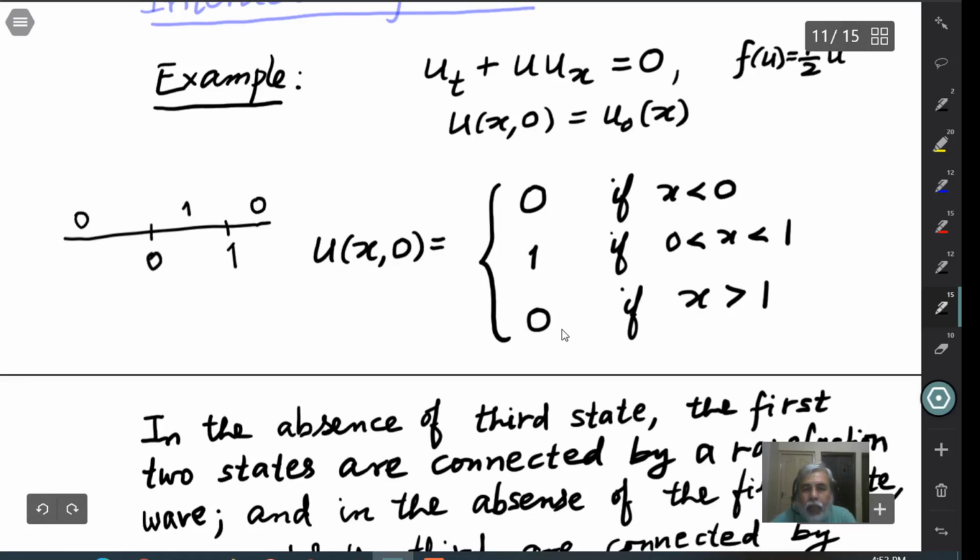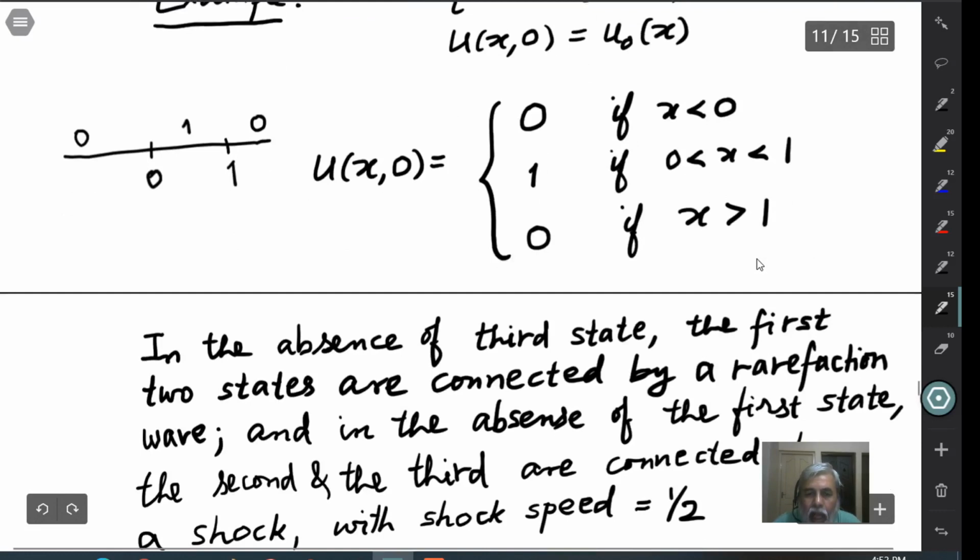That's the initial condition consisting of three constant states. Of course, in the absence of this third constant state, if we just consider the first two, since 0 is less than 1, those two states are connected by a rarefaction wave that we saw just now.